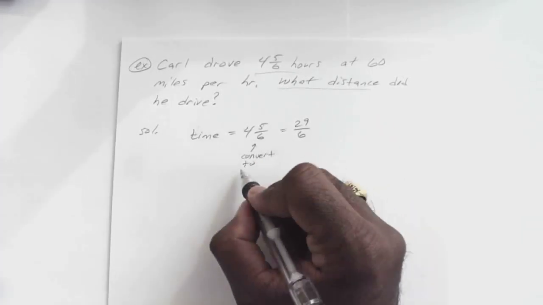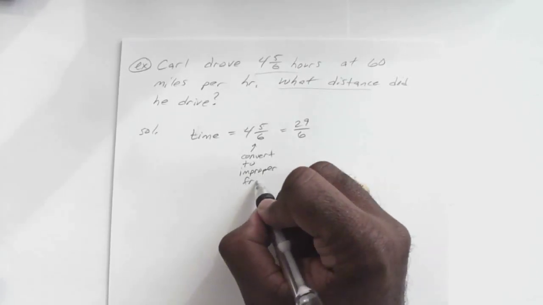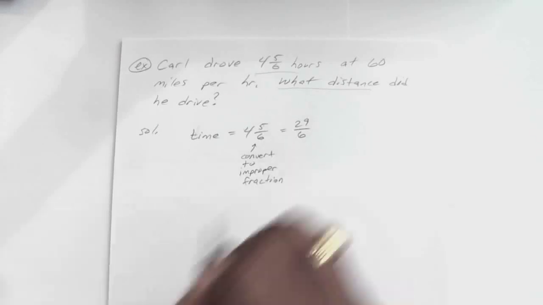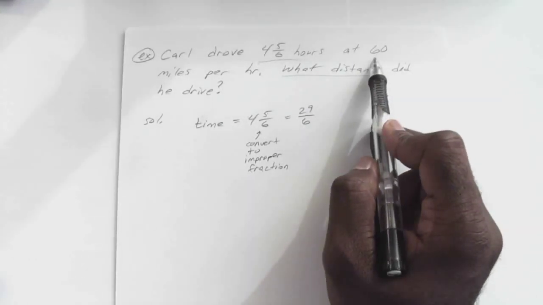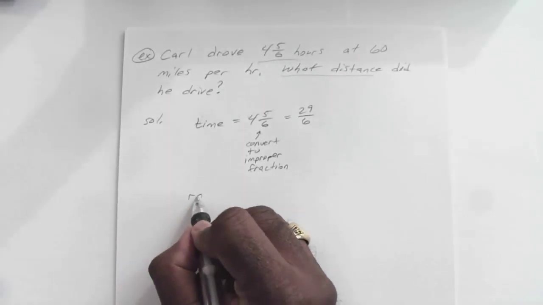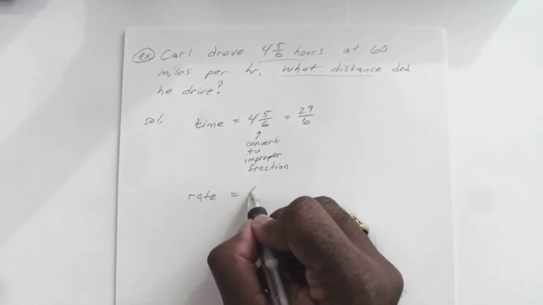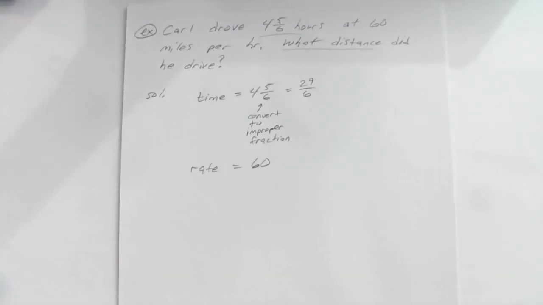Convert to improper fraction. Okay, and we know that our rate of speed is 60 miles per hour. So rate equals 60 miles per hour. Like I say, you don't need the unit of measure for most of them.